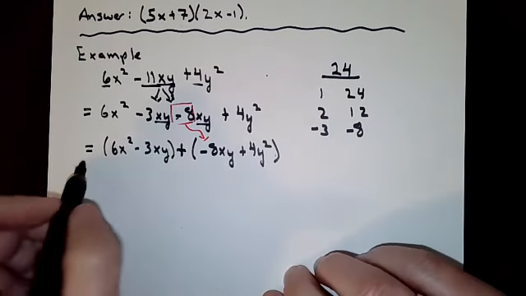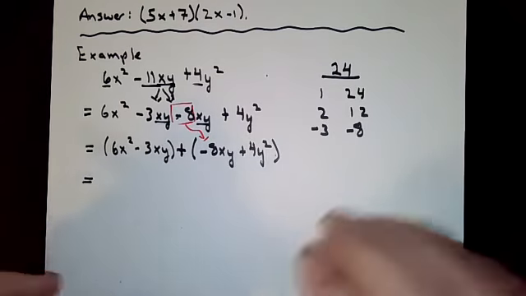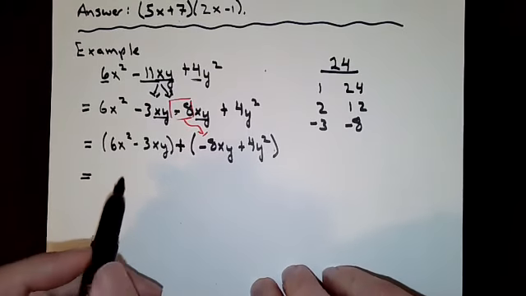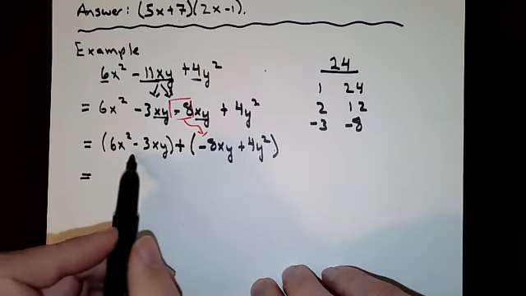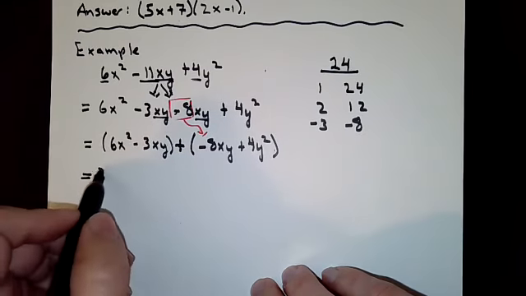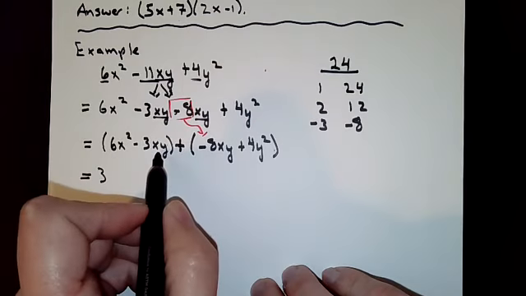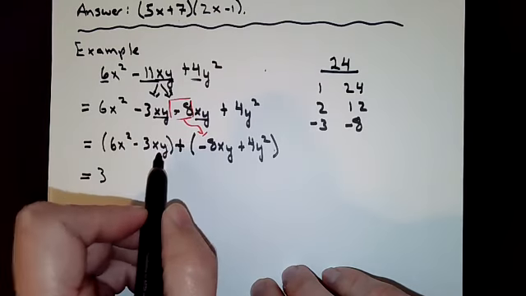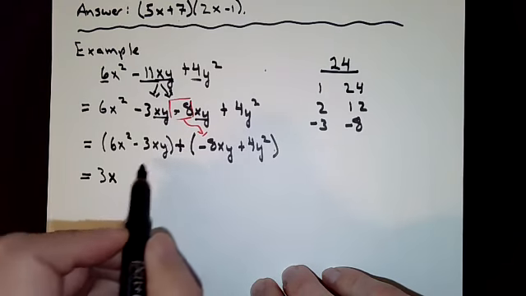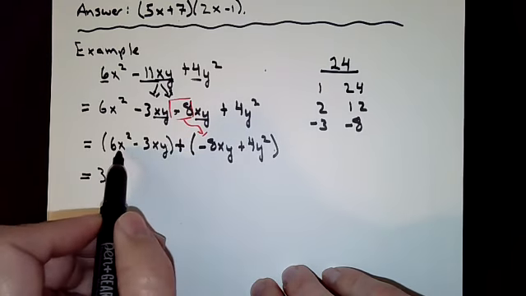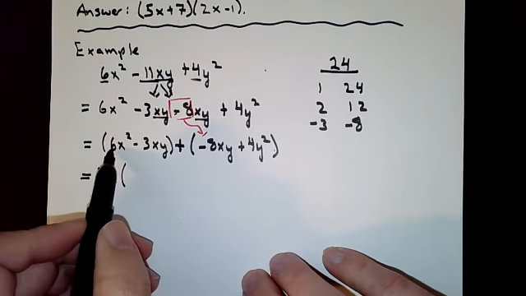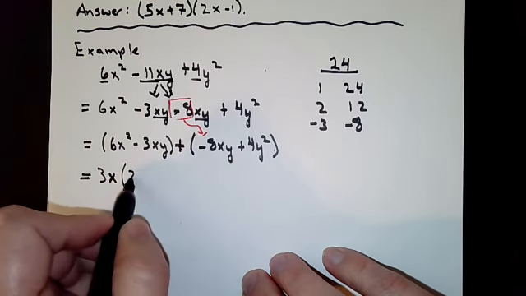All right, now we're into standard factoring by grouping. We're just going to factor the common factor out of each group individually. So looking at this first group, 6 and 3, both are divisible by 3. X squared and x, both terms have at least one x in them, so we'll pull out an x. And this second term has a y, but the first one doesn't, so we'll leave it alone. If we divide 6 by 3, we have a 2.